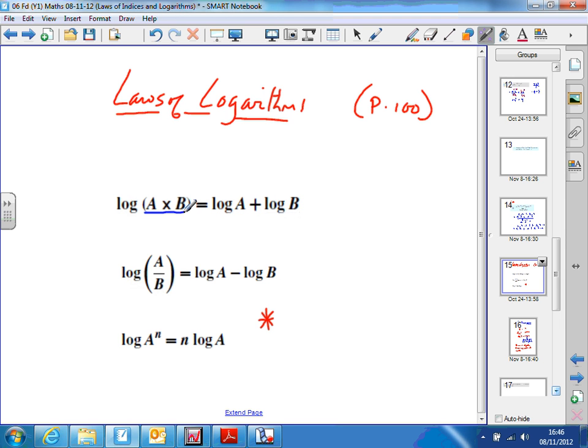So now I find the logarithm of a, the logarithm of b, and add them together. Similarly, instead of dividing a by b, I find the log of a and the log of b, and subtract, because when I divide, I subtract the powers. So these first two laws of logarithms come directly from the laws of indices.